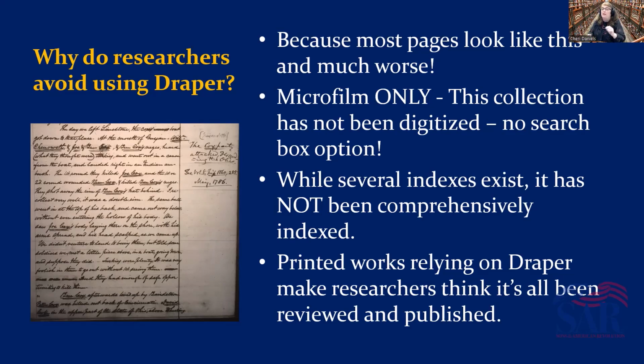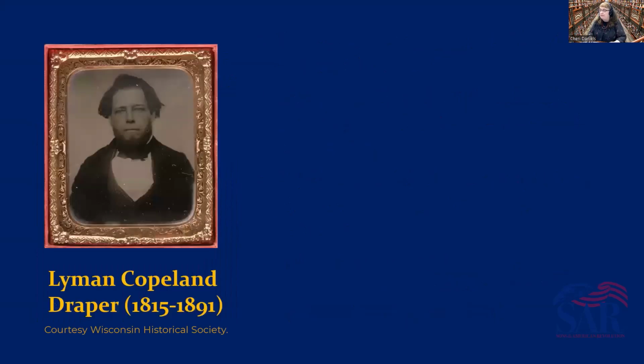There are some folks that have done some really extensive research in there, and they've pulled out a lot of the main information because there are some amazing recollections or descriptions of battles, of military movements, different events that happened during the Revolution or the War of 1812. They have taken this research and published it in wonderful printed text, which is a lot easier to read than the picture that you see over to the left. So sometimes you will see that in your research, and that makes you think that it's all been published and reviewed, but it has not.